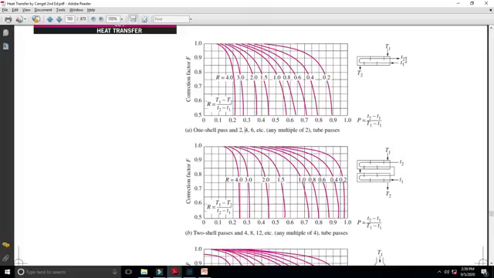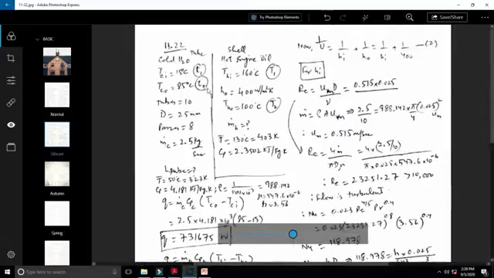What are small t1 and small t2 and capital T1 and capital T2? Small t is the fluid which flows through the tubes, and that is water. So the water inlet temperature, the cold inlet, would be small t1, and similarly the cold outlet, or water outlet, would be small t2.